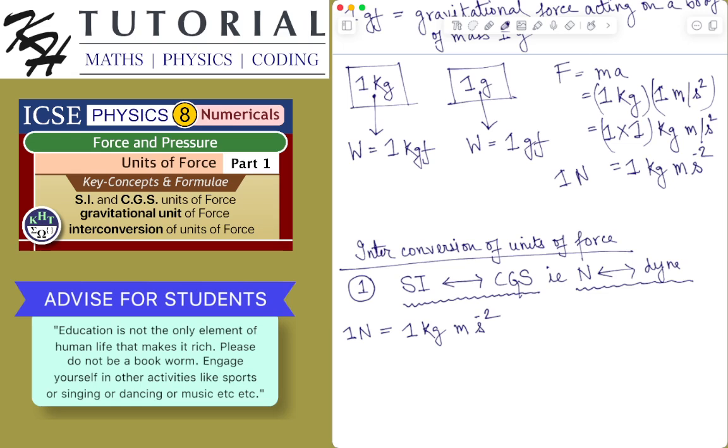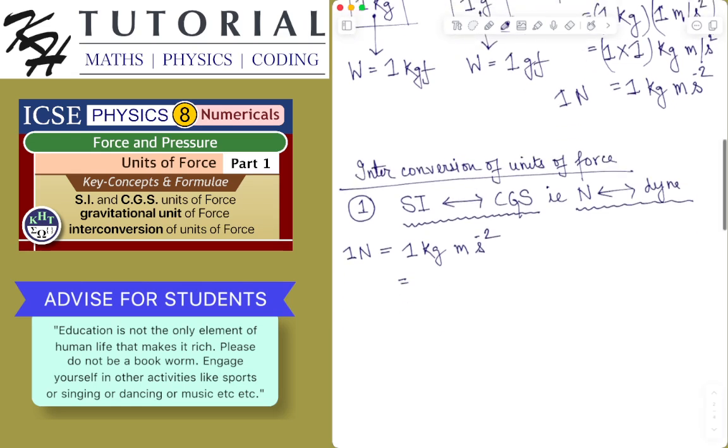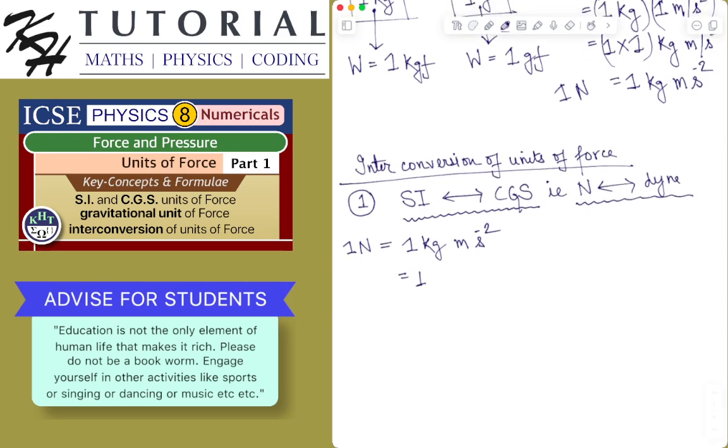I just need to convert kilogram to gram and meter to centimeter. So this will be equal to 1 times, how many gram is 1 kilogram? 1 kilogram is 10 to the power 3 gram.